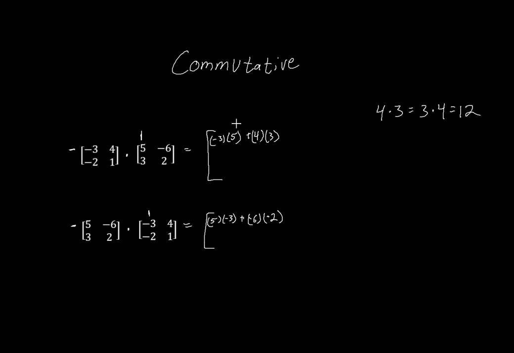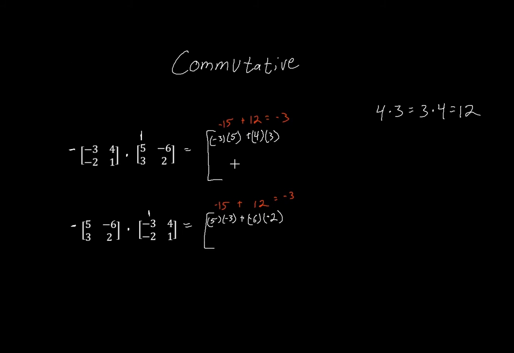So maybe something still happens and we're all good. Let's actually figure out what these numbers turn into. Negative 15 plus 12 gives me negative 3. And then down here we've got negative 15 plus a positive 12. So again, we're off to a good start. I'm all right with this so far. We end up with negative 3 on both of those.